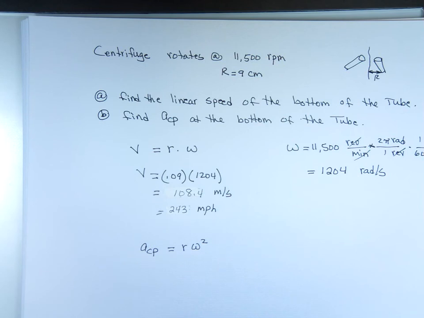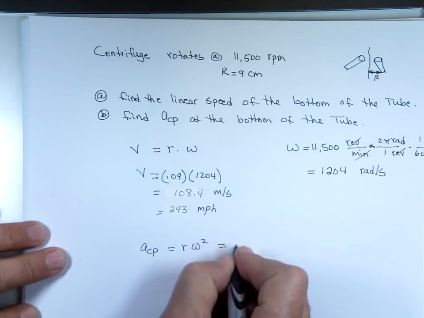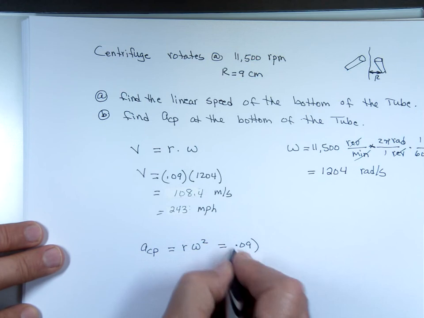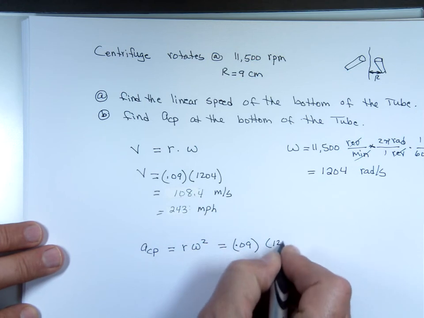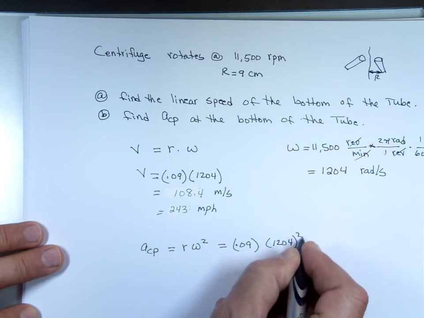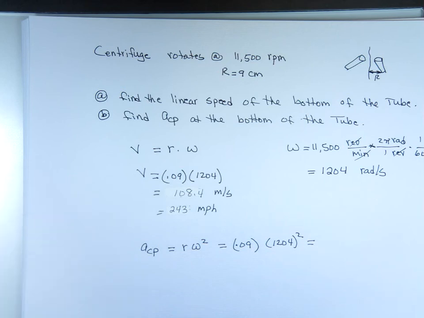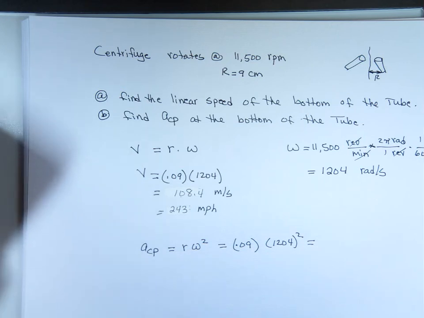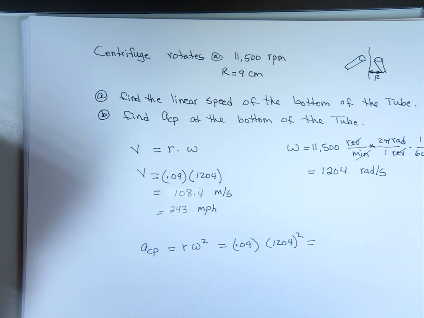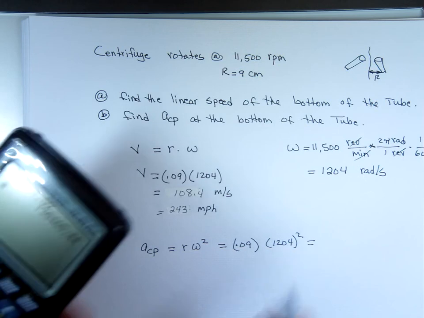What's R? 0.09. What's W? 1204. Square it. Again, try the numbers before I screw them up. 1204 squared times 0.09. I got 130,000. Is that what you got? 465.